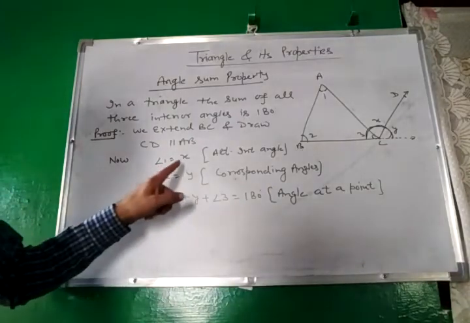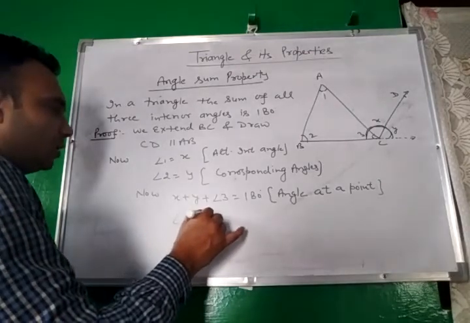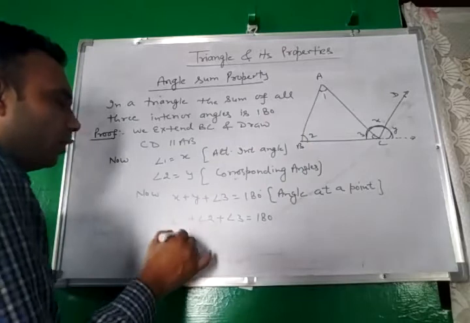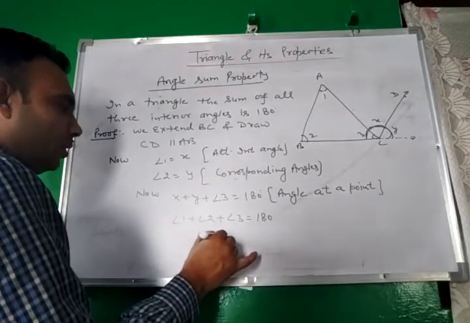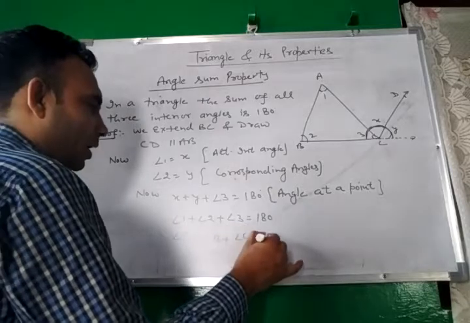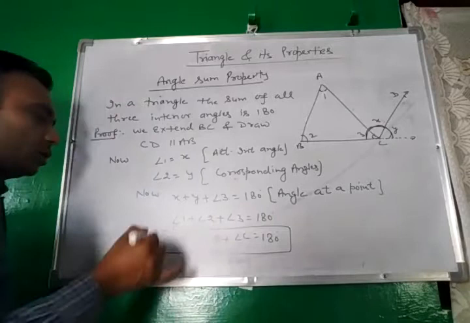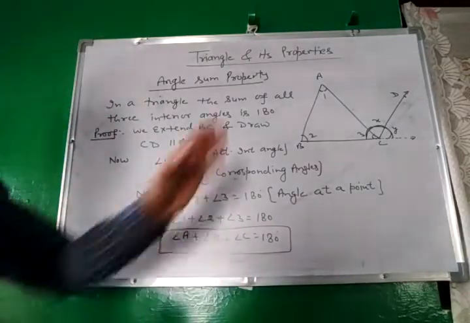Now x implies 1, y implies 2, so 1 plus 2 plus 3 is equal to 180. 1 implies angle A, 2 implies angle B and 3 implies angle C, so A plus B plus C is equal to 180 degrees. So the sum of all three interior angles of a triangle is 180.